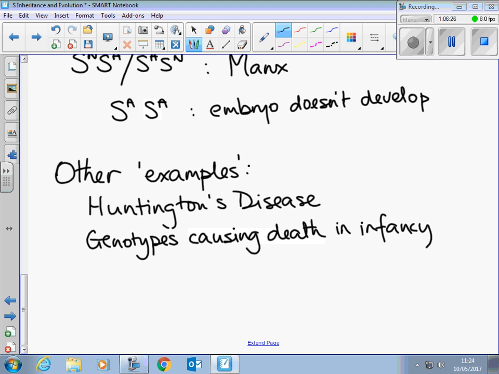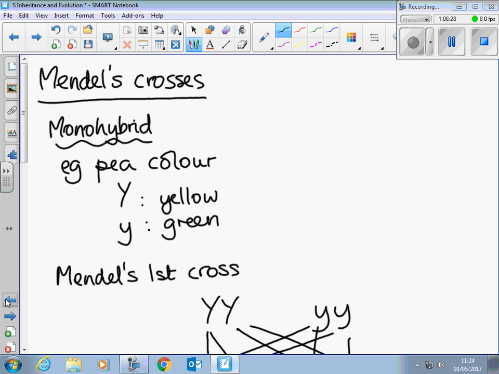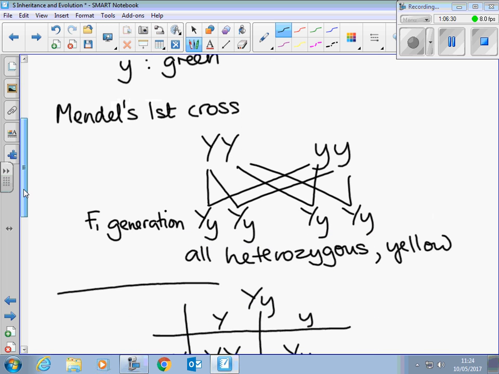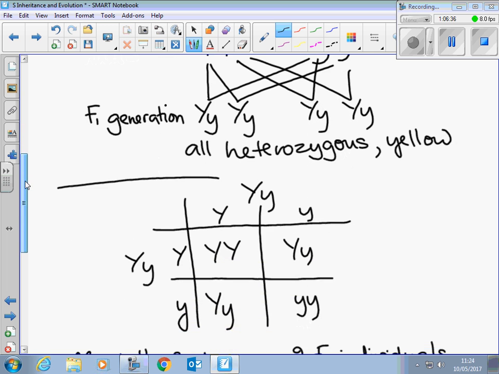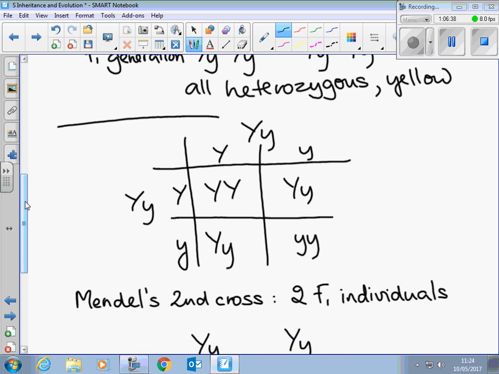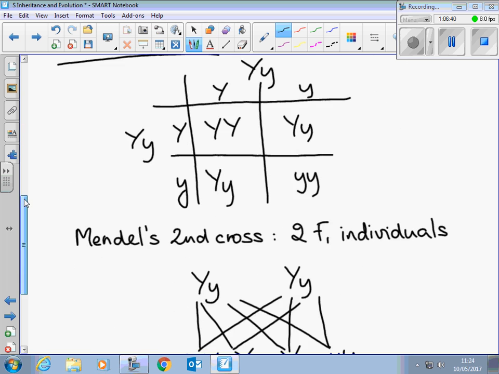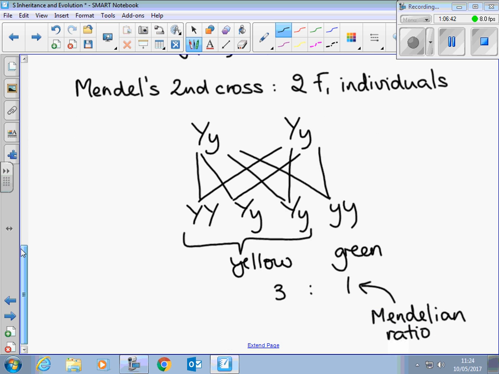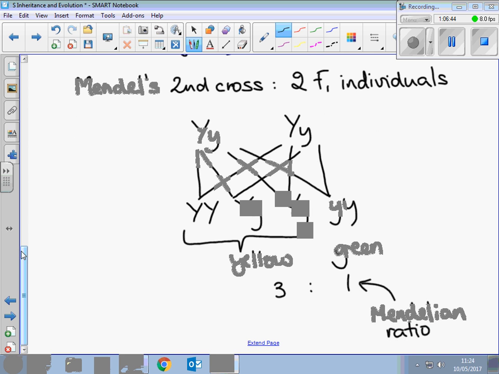Right, so where have we been? Let me just check back. We've done the monohybrid, so the first cross giving us all the heterozygous ones in the F1 generation. I then put the wrong square in there. The second cross between two F1 individuals, I have missed something out. That's right, I should be calling these the F2 generation.